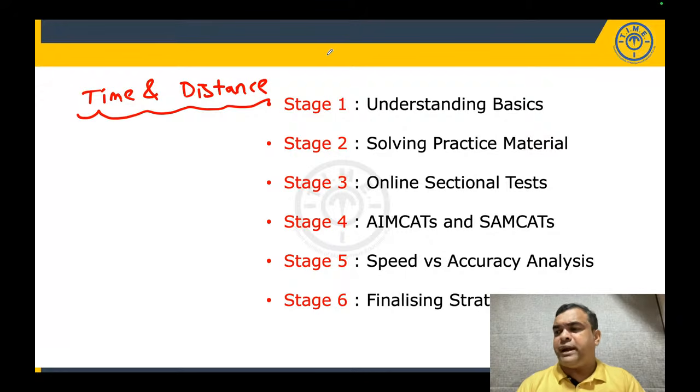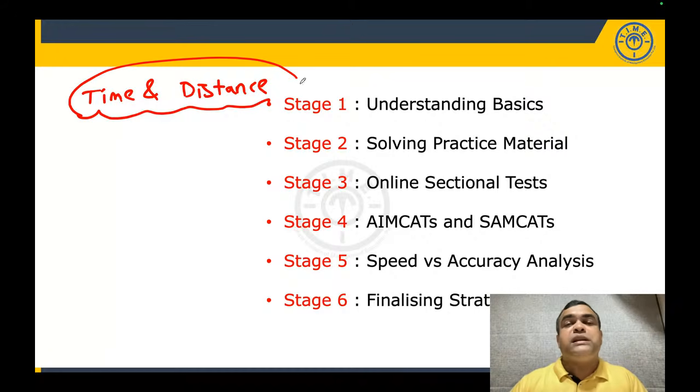Average speed is there. Relative speeds are there. Questions based on trains, boats and streams, linear race, circular race, clocks. So my understanding is, if you're doing time and distance, you do the full syllabus. You do not skip anything from time and distance.